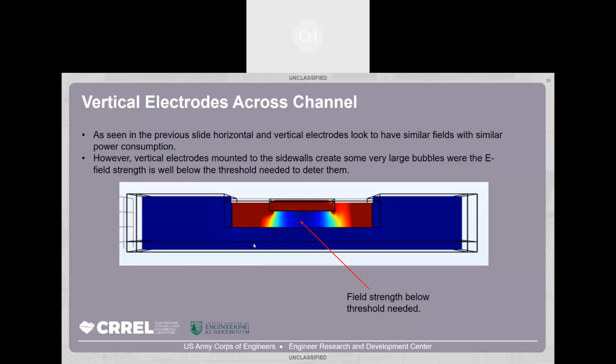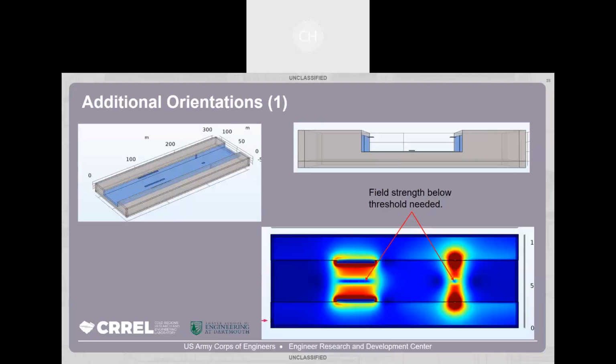when there's a barge present, there's a huge issue. So when it's just a capacitor or vertical electrodes, instead of going straight across, the electrons want to go up through the barge and then back down. And so we end up with this huge gap below the threshold of what's needed to deter the fish.